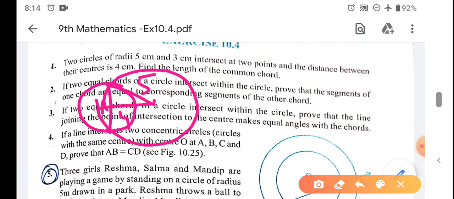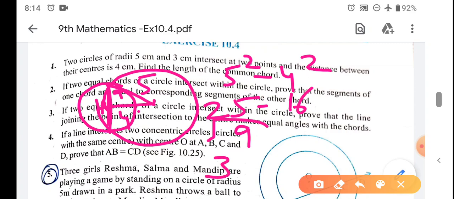This is 5. 5 square minus 4 square, 25 minus 16, that is 9. Under root, 9 is 3. So this is 3, and this is 3. So both together equal 6 centimeters.